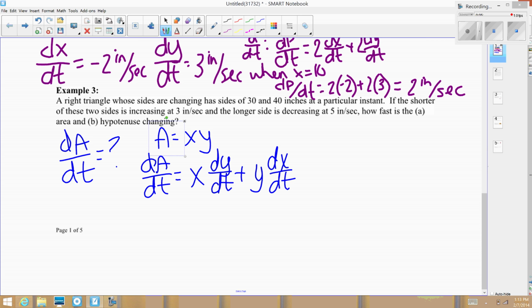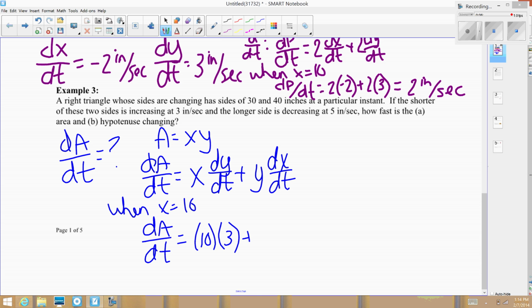All right, and now at that specific moment when x equals 10, dA/dt equals, so we have the x, which is, let me roll back up here, x is 10, dy/dt is 3, y is 6, I believe, yep, okay, and dx/dt is negative 2. So that's 30 minus 12 equals 18.